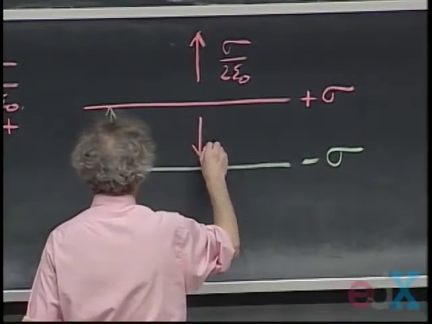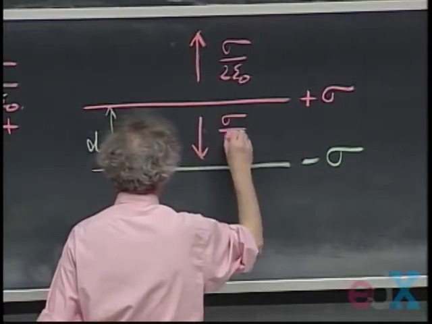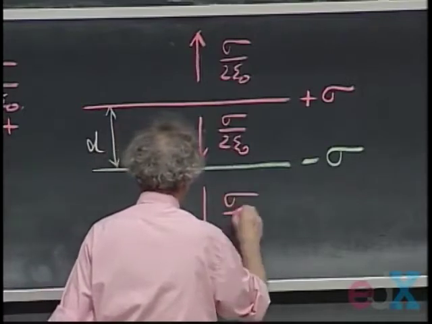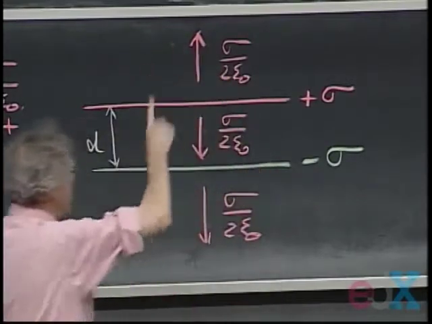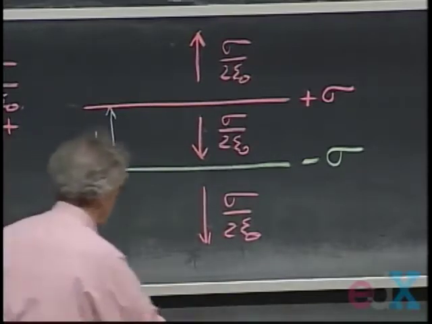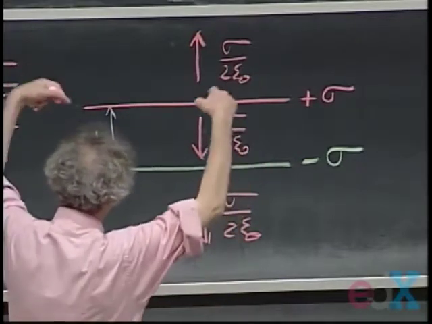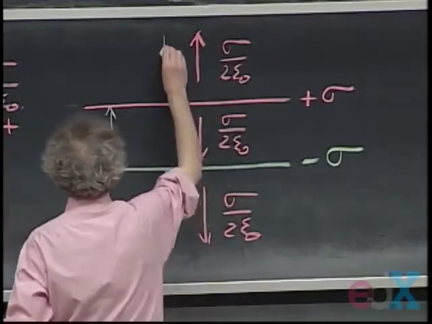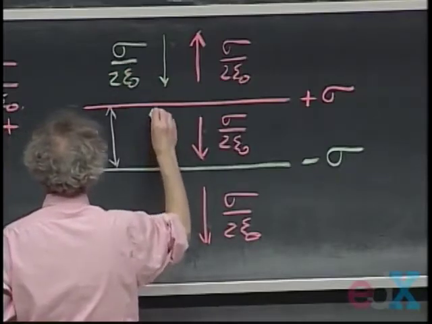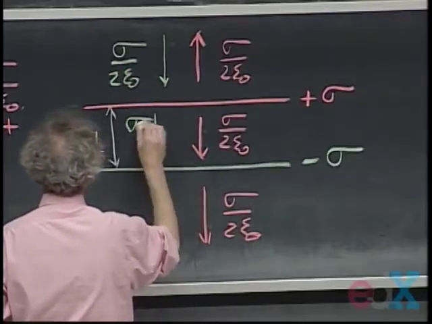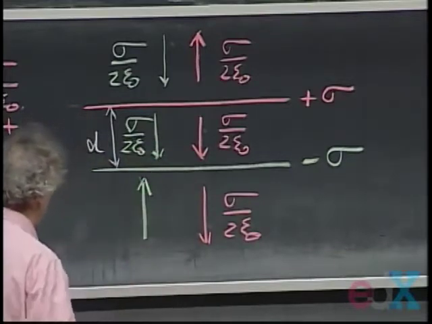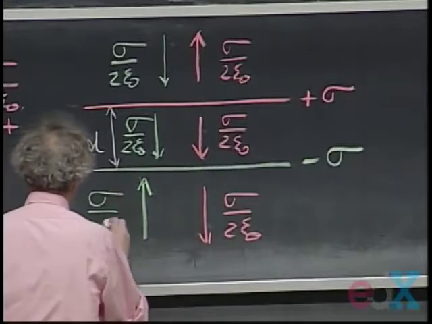This one is also pointing away, sigma divided by 2 epsilon 0, and here it's also sigma divided by 2 epsilon 0, because it's independent of the distance to this plate. What is the negative charge doing? Well, the negative charge has E vectors pointing towards it. So here I have an E vector, which is sigma divided by 2 epsilon 0. Here I have one that is sigma divided by 2 epsilon 0. And I have one that is pointing towards the plate, which is sigma divided by 2 epsilon 0.